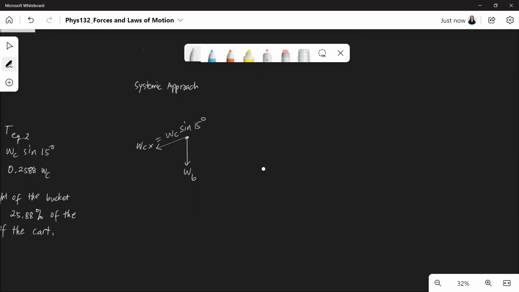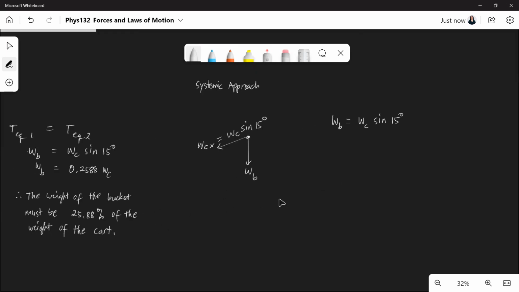Again, if you look at the entire system, the weight of the bucket is pulling the cart along the rail, and it's equal to that component of the weight of the cart. So it's equal to W sub C times sine of 15 degrees. It's basically the same thing, just analyzing the system.